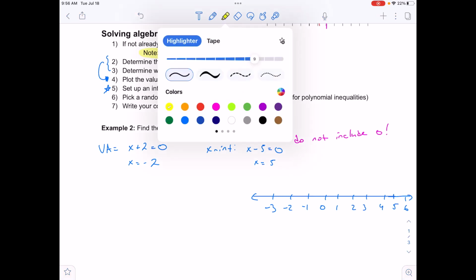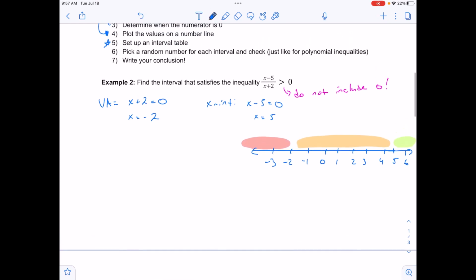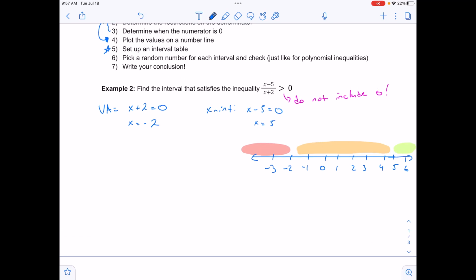We have negative 2 and to the left is one section. We're going to have everything between negative 2 and positive 5 as the other section. And then we'll have from 5 onwards as our third section. So we can set up our table here.